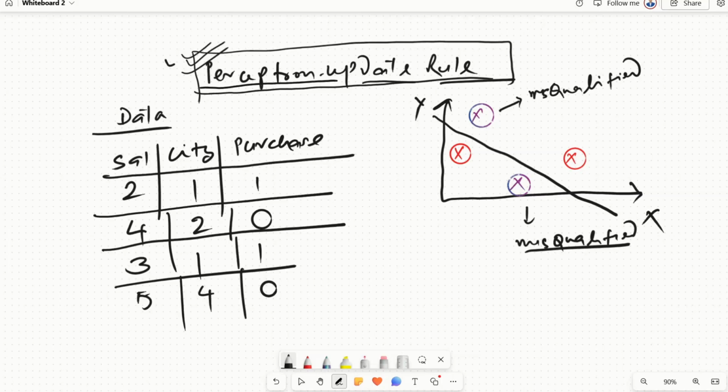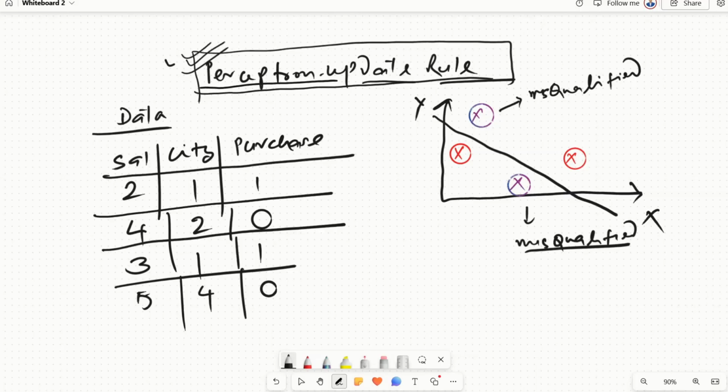If you have no foundation about what a perceptron is, I have already created a previous video where I talked in detail about what a perceptron is and the basic concepts. But if you're watching this video, I'm assuming that you have a basic foundation about the perceptron. So now let's start our class and understand this very important concept, the perceptron update rule, and how the perceptron training happens.